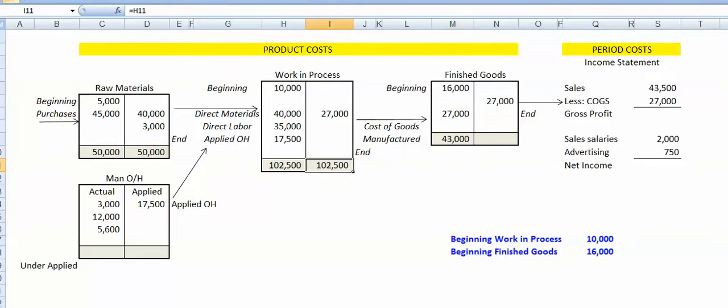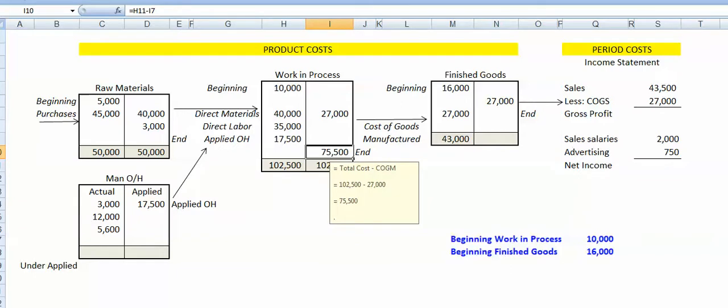Our next step, we know both sides of our boxes have to equal. And we can see that our total costs that we have to account for is $102,500. That's our beginning work in process, plus our direct materials, plus our direct labor, plus our applied overhead. And we know both sides of our box are going to have to equal each other.